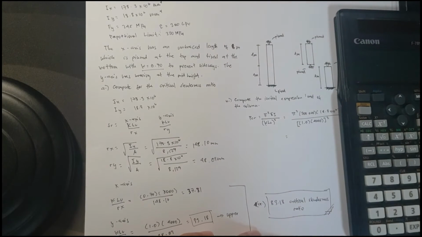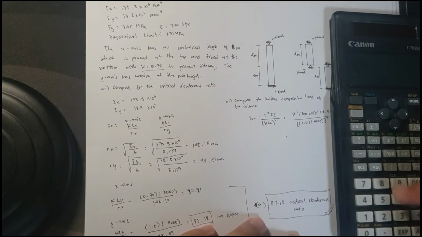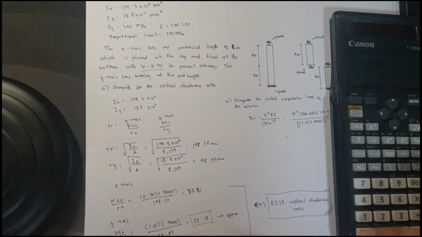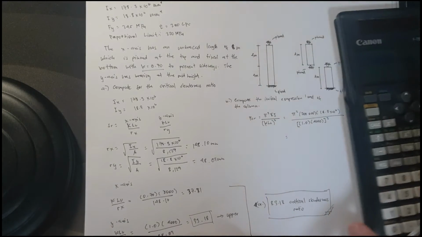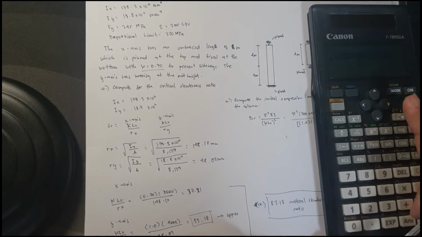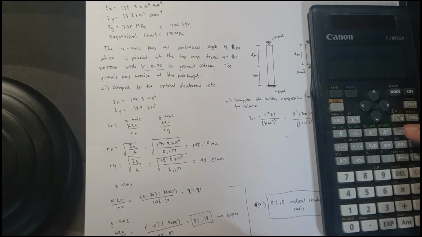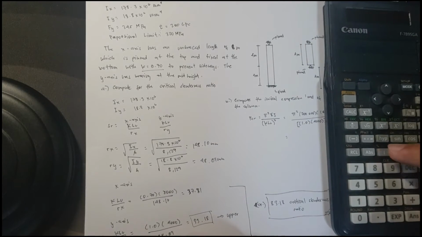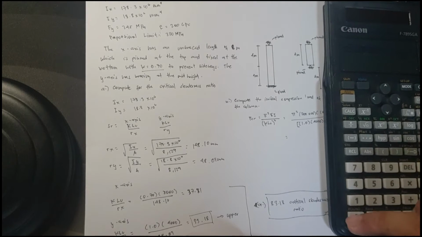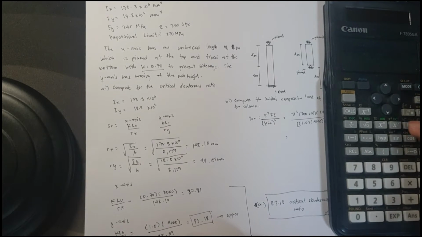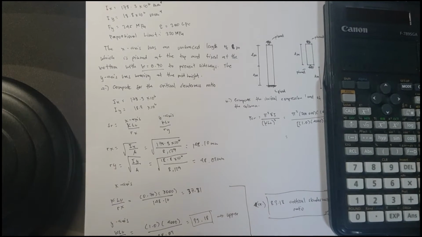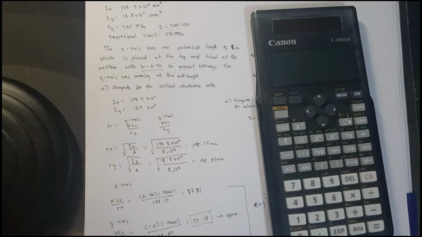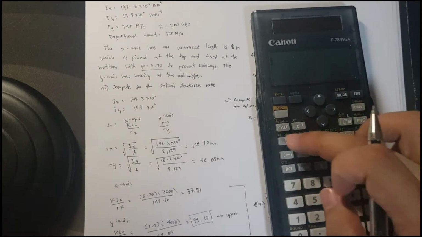Pi squared times 200,000 times 18.8 times 10 raised to 6 all over 1.0 times 4,000 squared. Ulitin natin.